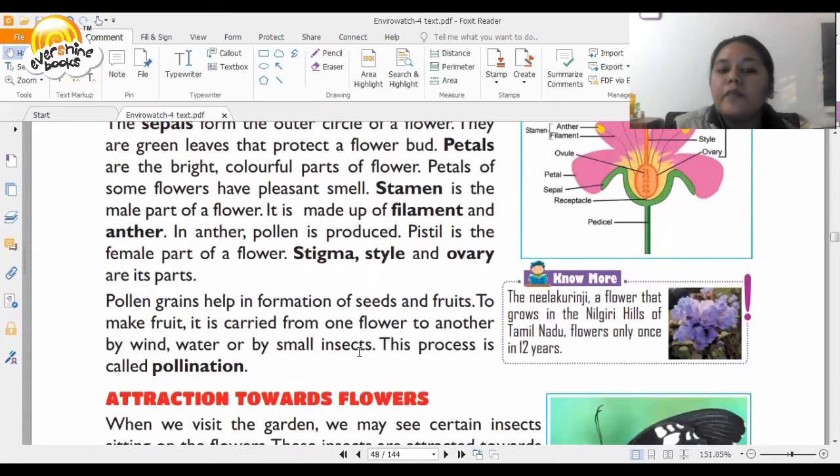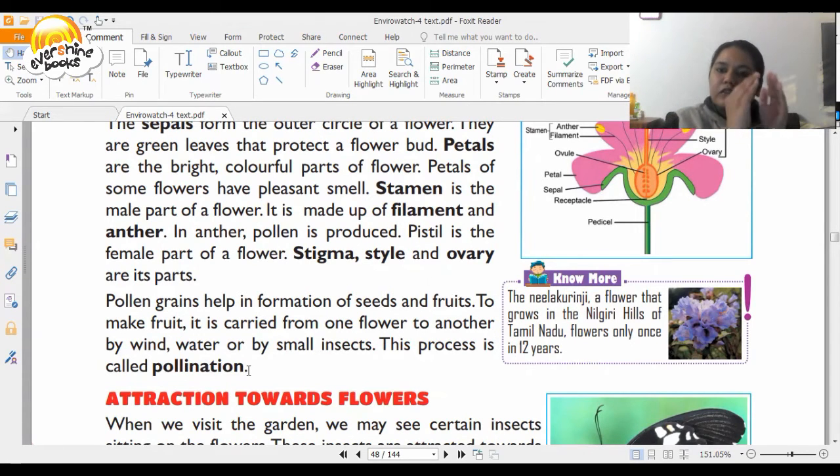Pollen grains help in formation of seeds and fruits. Pollen grains are like very small seeds that you will see in the plant, and these help in formation of seeds and fruits. To make fruit, it is carried from one flower to another by wind, water, or by small insects, and this process is called pollination.